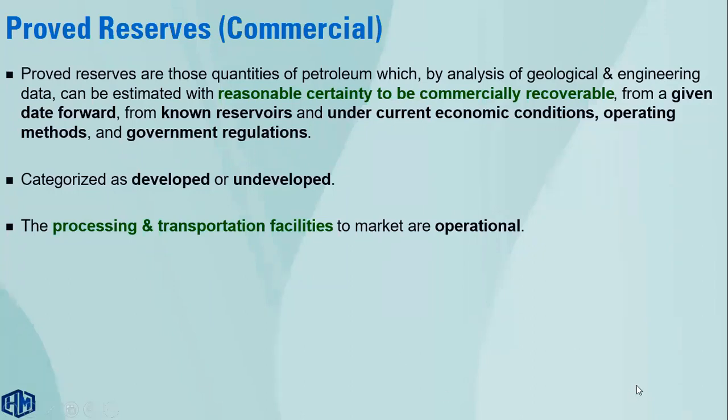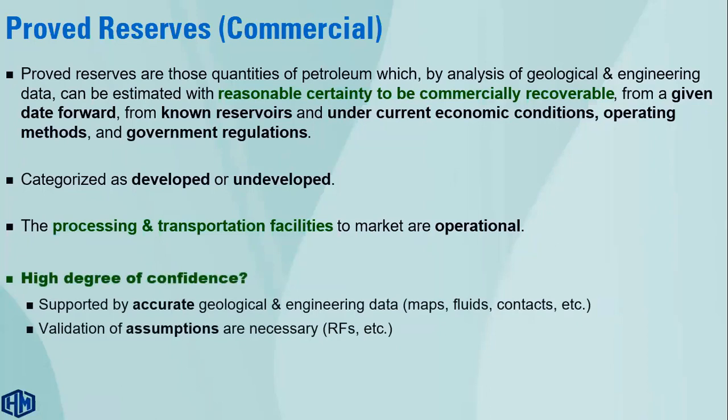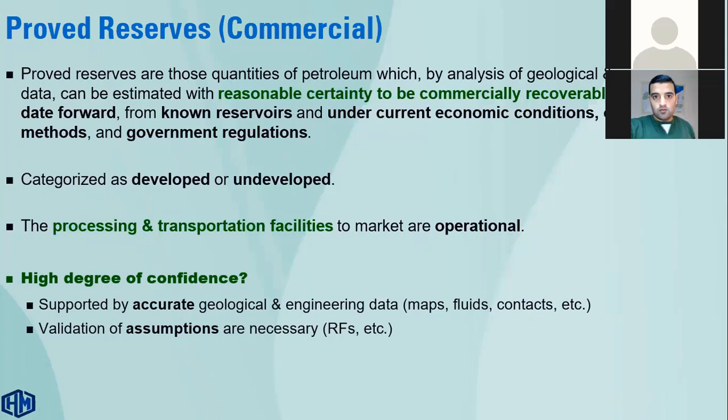For proved reserve, the processing and transportation facility must be operational. Also, we have to have a high degree of confidence. We like to have accurate geological and engineering data and valid assumptions like the formation factors.